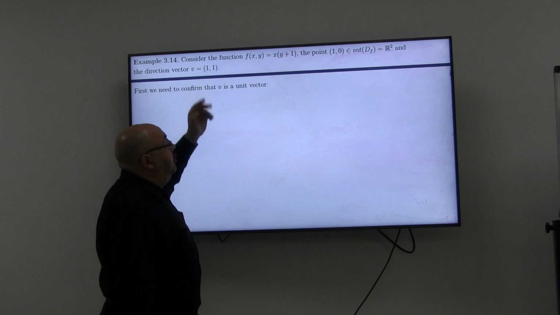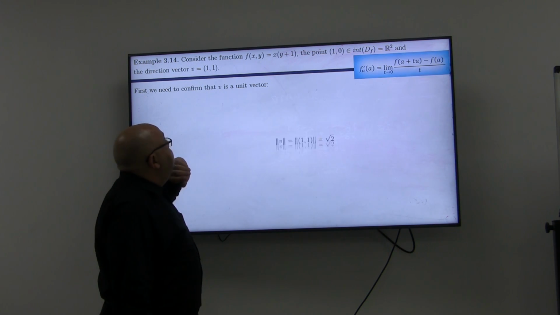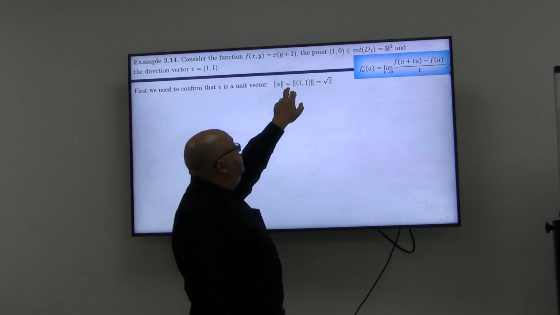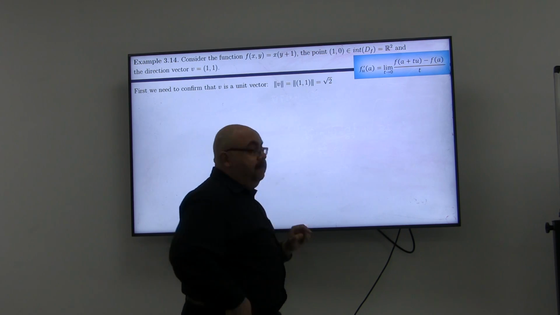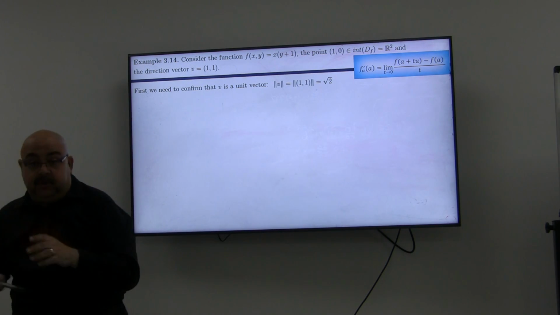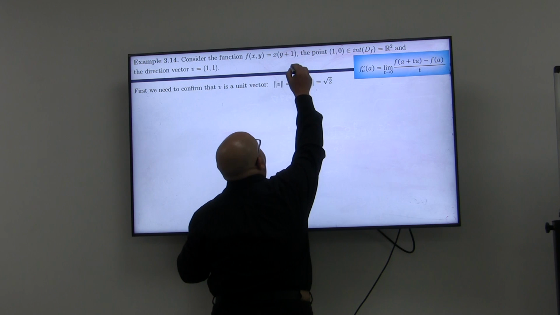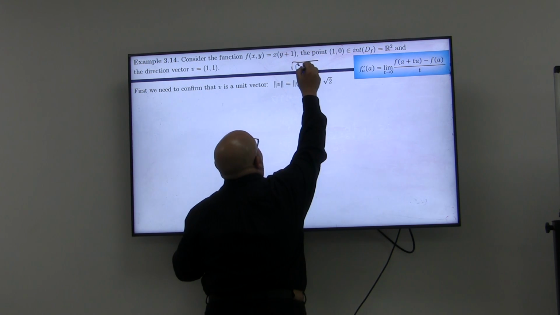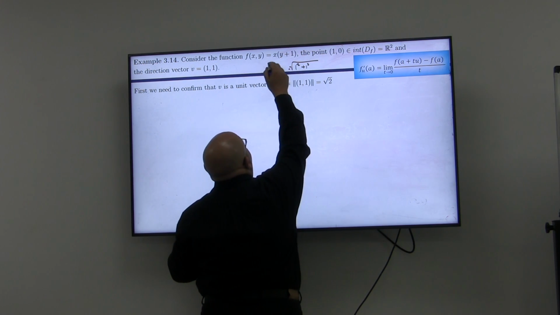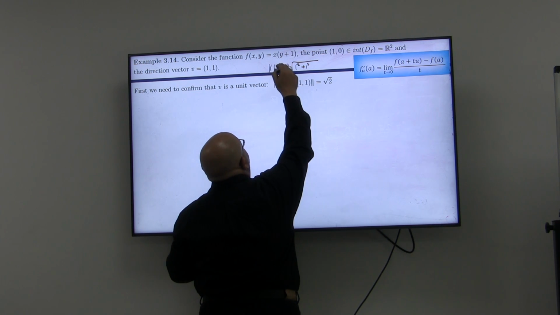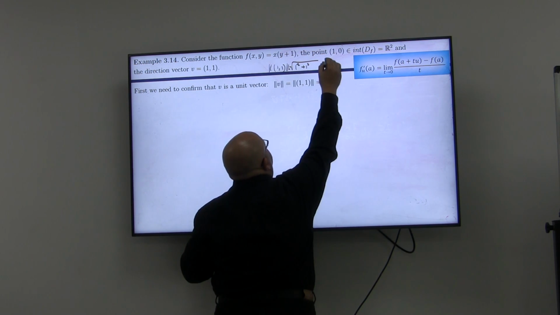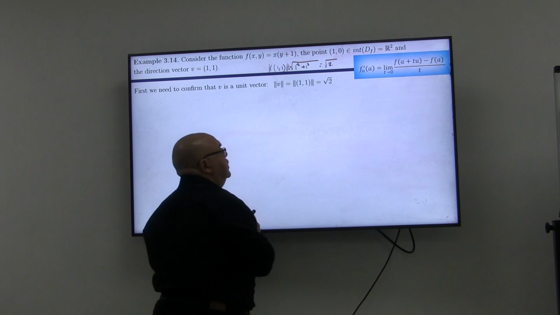The magnitude of 1 and 1 is very, very simple. As we know, the magnitude of this vector is going to be the square root of 1 to the power of 2, plus 1 to the power of 2. So that's the magnitude of 1 and 1, which is going to be equal to the root of 2, as you can see.